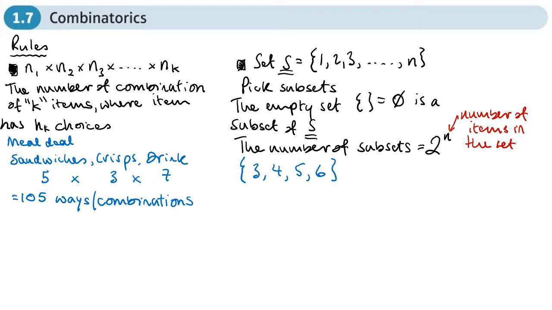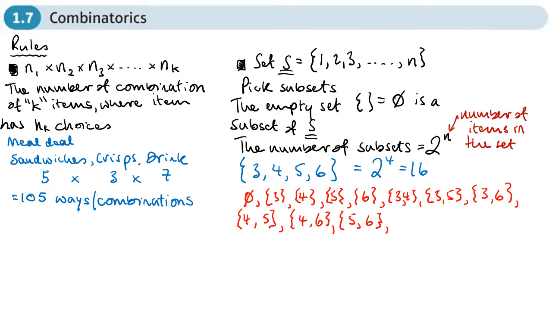So let's say I had a set that contains the numbers 3, 4, 5 and 6, and I want to find all the subsets of it. Now that would be 2 to the power of 4, since there are 4 items in the set, which is 16. But I'm going to write those items down so that you can see it's actually 16.